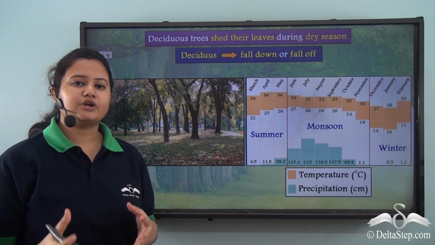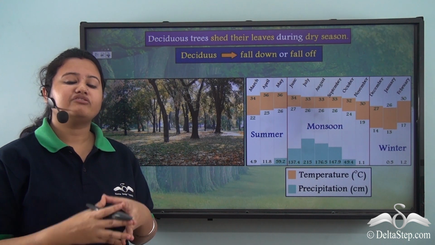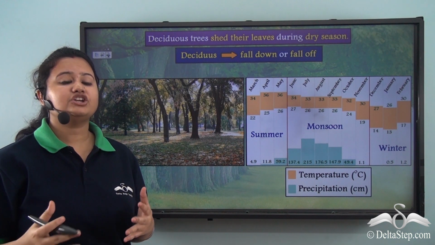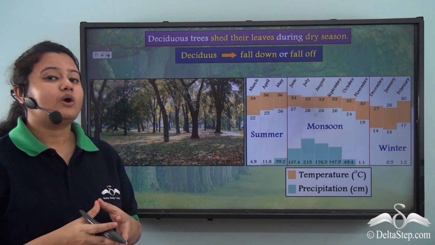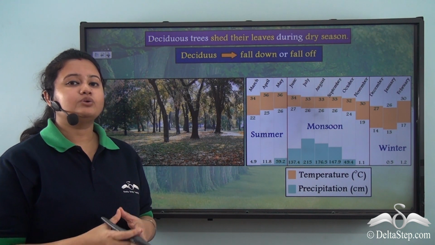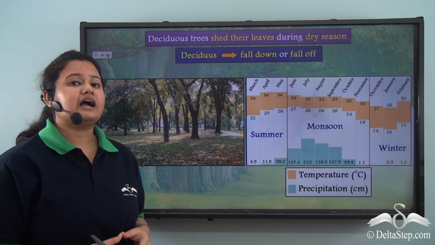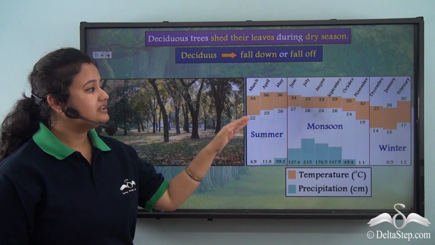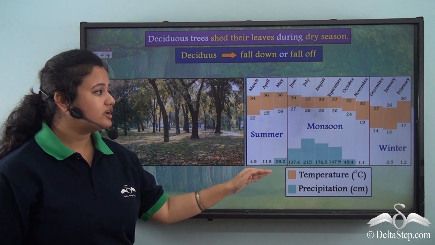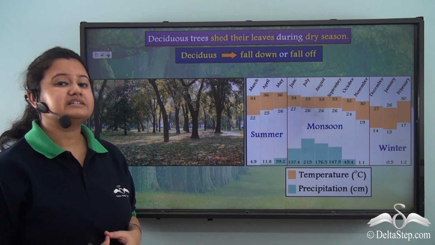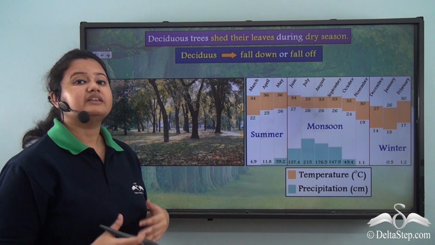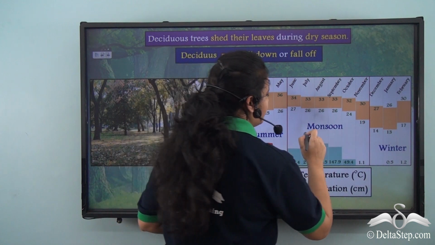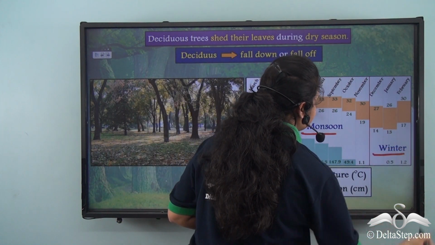Well, this happens because deciduous forests are found in regions which experience seasonal variations in climate. While discussing about the climate of India, I mentioned that it experiences seasonal changes in temperature and precipitation, and this chart shows the major seasons of India, that is summer, monsoon and winter.